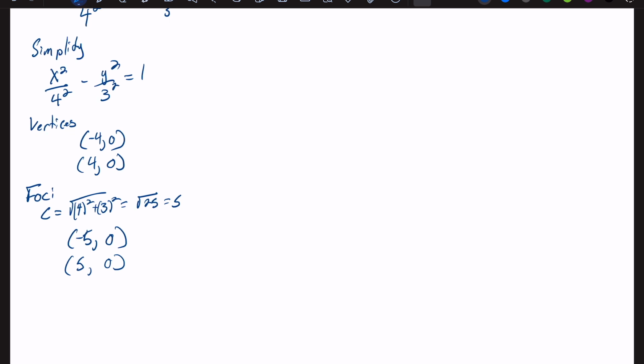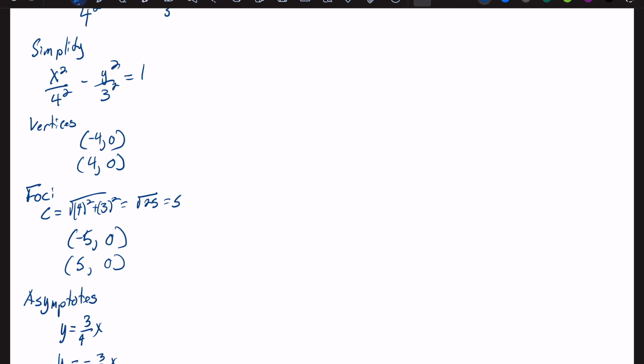And then we have our asymptotes. In this case, we have y equal to 3/4 x and y equal to -3/4 x.